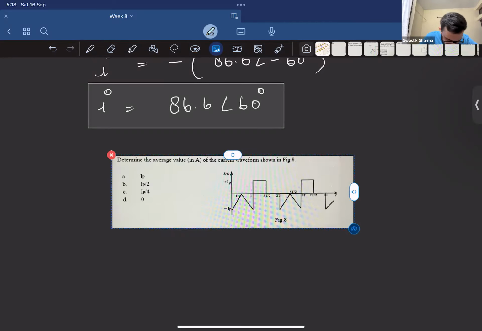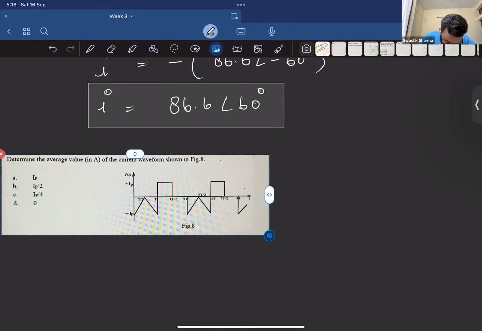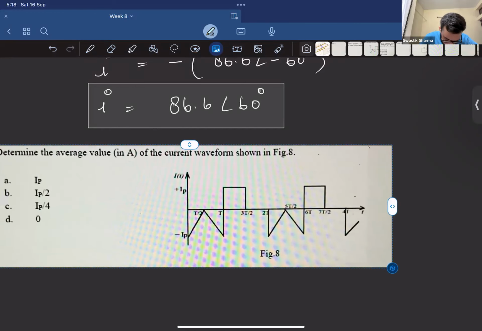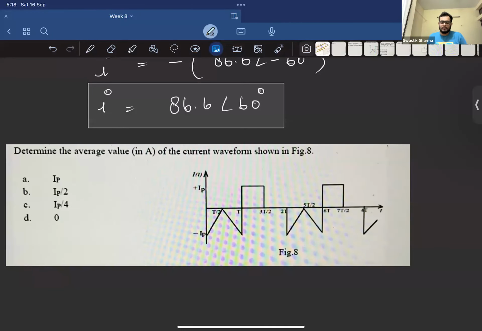Resonance we'll discuss in a bit. We'll finish all the. So as you can see in this waveform, this is a current waveform, and we are required to find the average value of the waveform, right?